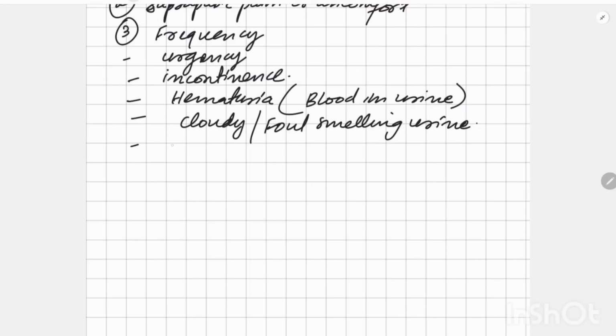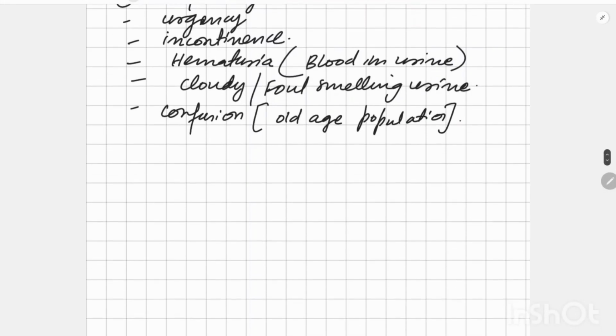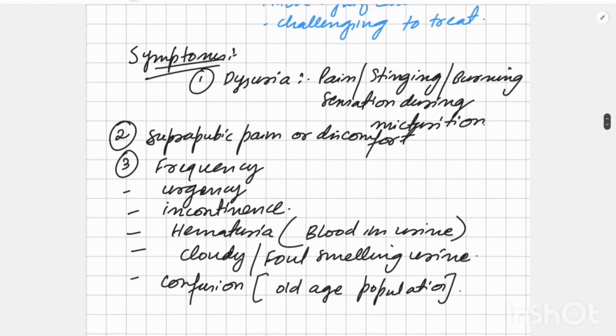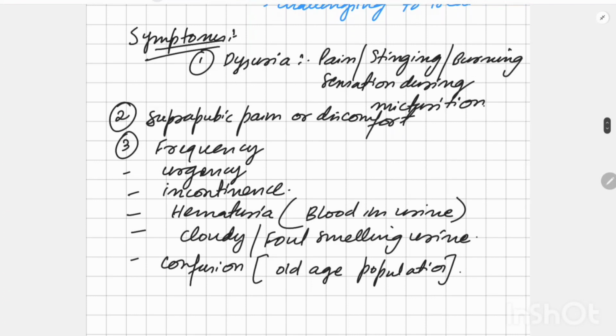The next symptom is confusion, but this symptom is mostly associated with the old age population. I hope you understood the symptoms. Let me revise the symptoms once again. The symptoms are dysuria, suprapubic pain or discomfort, frequency, urgency, incontinence, hematuria, cloudy or foul smelling urine, and confusion.